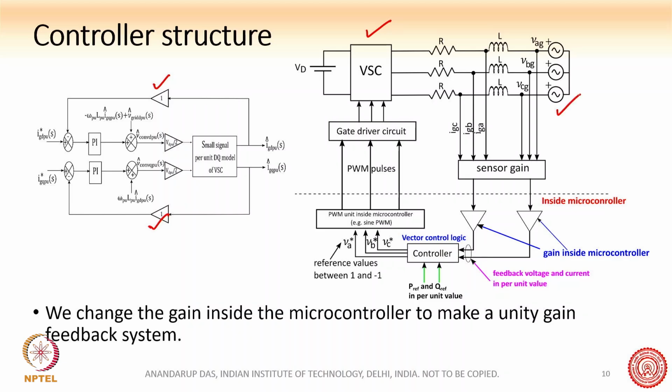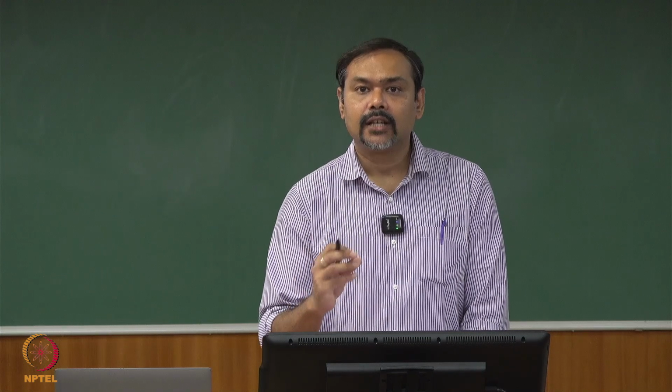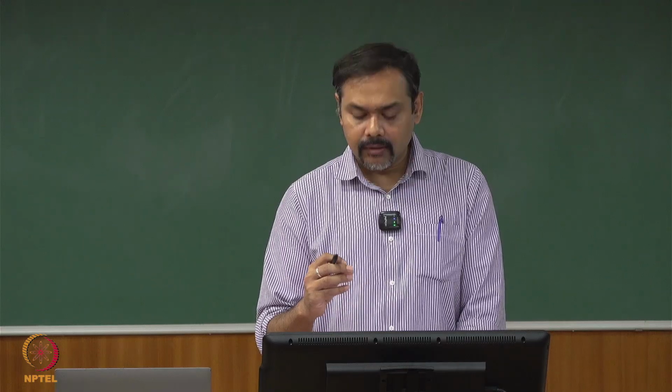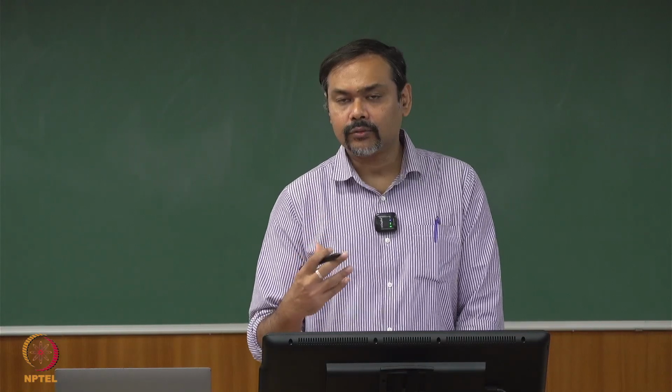When you sense these grid currents, you have a sensor gain, and after the sensor gain you take it inside the microcontroller. Suppose corresponding to 100 ampere, the sensor gain after conversion gives you a value of maybe 2 or 3, something like that.